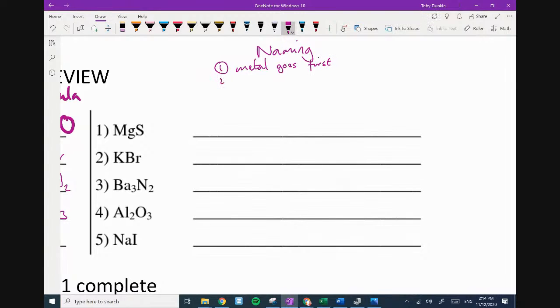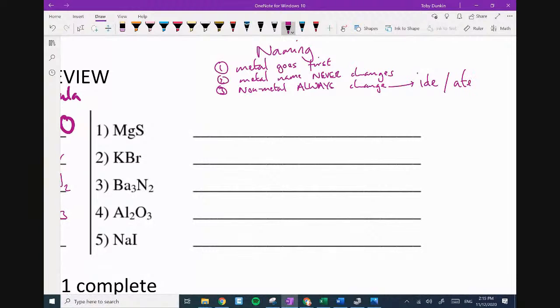Rule number 2, the metal name never changes. Rule number 3, the non-metal always changes. It's either an ide if it's on its own, or an ate if it's with oxygen.